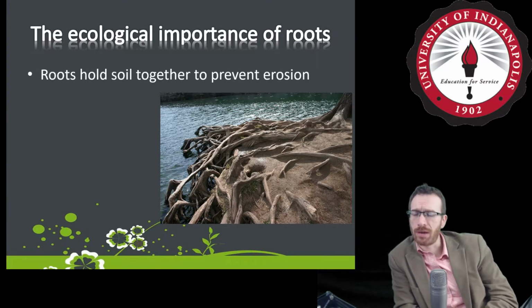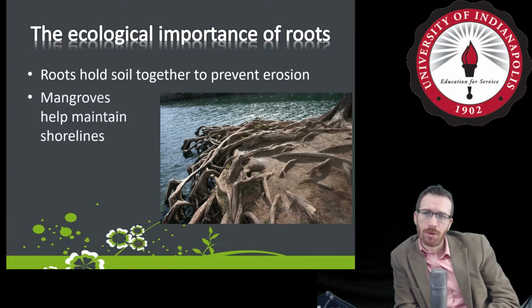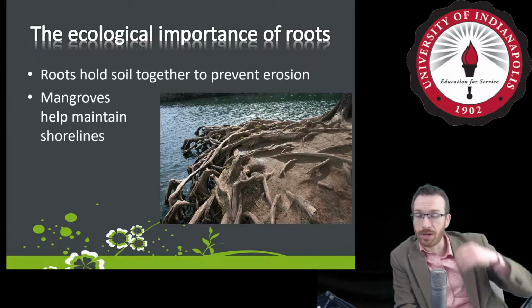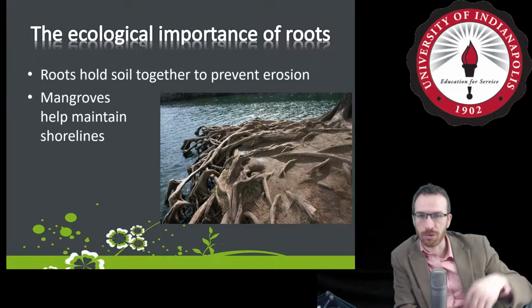Roots play a vital role in holding soils together and preventing erosion. Mangrove roots are especially important for maintaining soil and maintaining coastlines on areas that are close to the ocean and close to water sources.